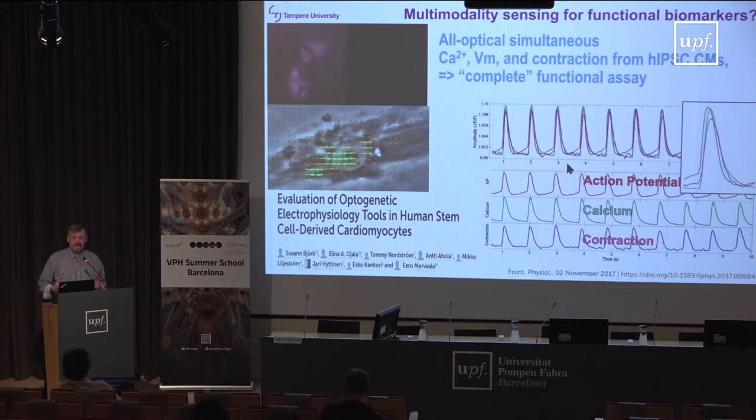With some image analysis tricks, some imaging tricks, we can simultaneously measure calcium, voltage and the contraction from cells. So now we have quite nicely figured out how to get the machinery out of these, so we can really have all three curves simultaneously from the cells.